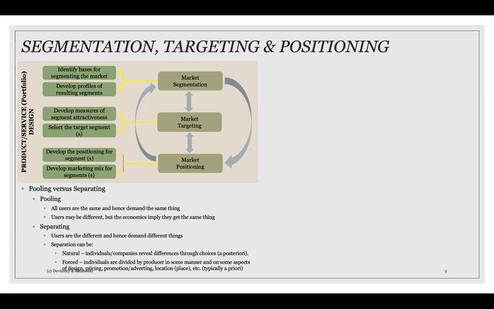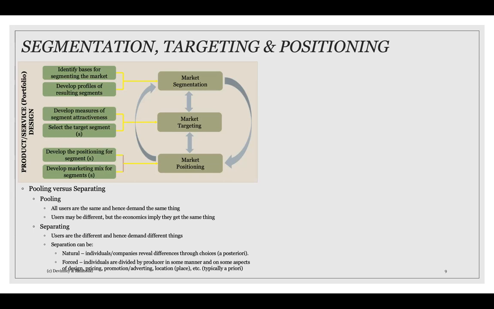And then there's a separation aspect of this. So the pooling part is the uninteresting part. The separating one is the more interesting part. And that is based upon the fact that users are different and hence demand different things. And you can separate those individuals in one of two ways. One way is forced segmentation, and that is individuals are divided by the producer in some manner, on some aspects of design, product, pricing, promotion, place, etc. And this is typically done a priori.